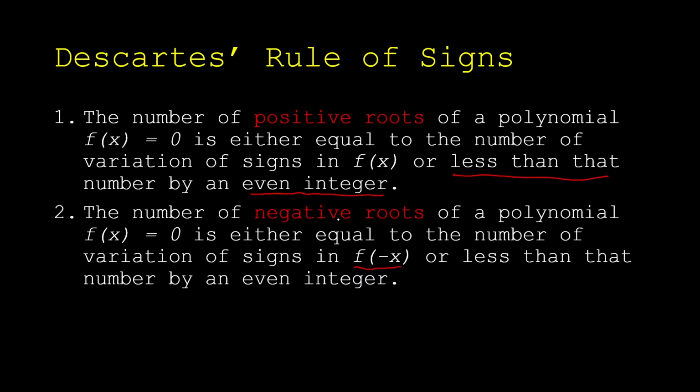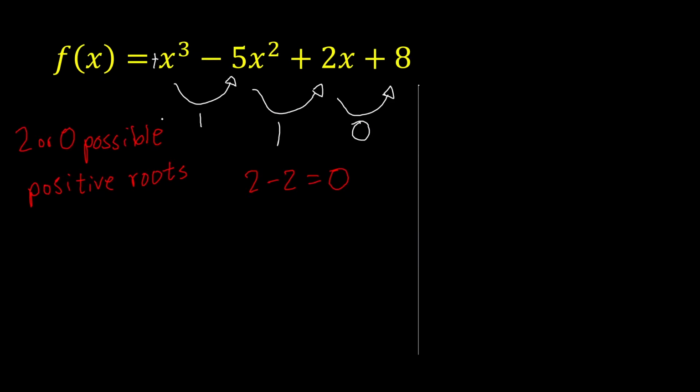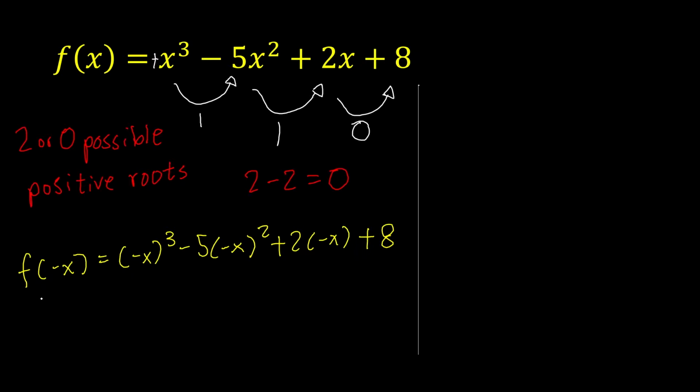To do that, it says here that it is either equal to the number of variations of signs in f of negative x. So what we do is we substitute x with negative x. After that, we will simplify this. Okay, I want to address this part.